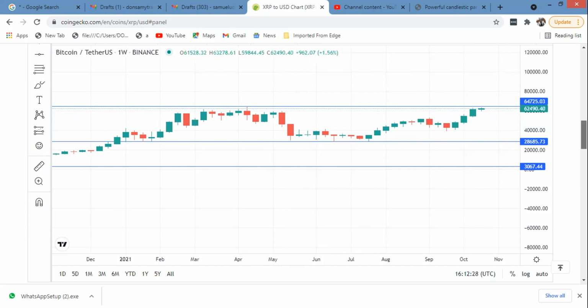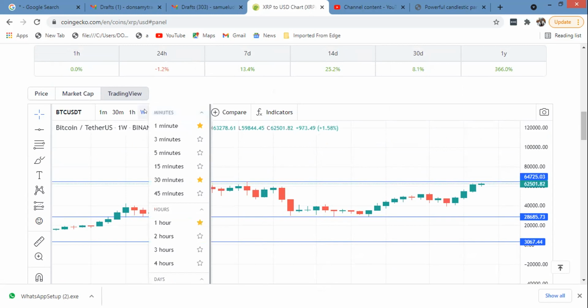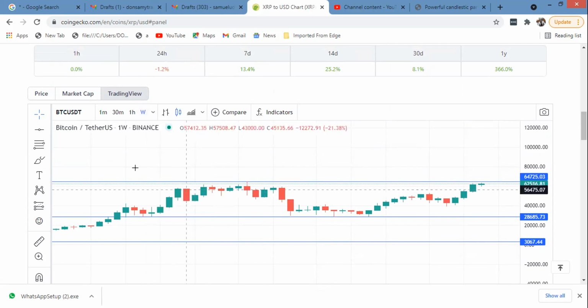So for this one now, this is a weekly candle. So let me change. We're looking at BTC USDT. This is the price of Bitcoin in a week.